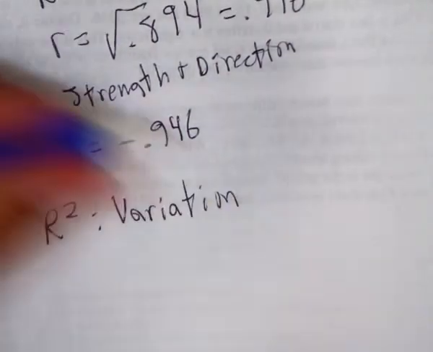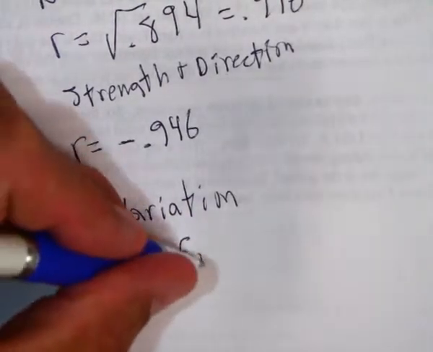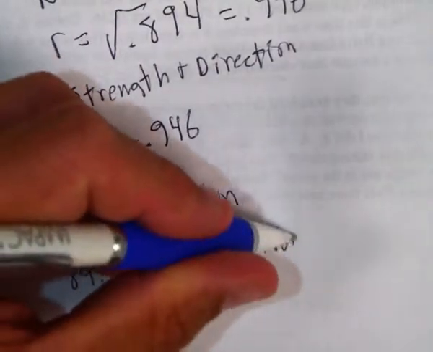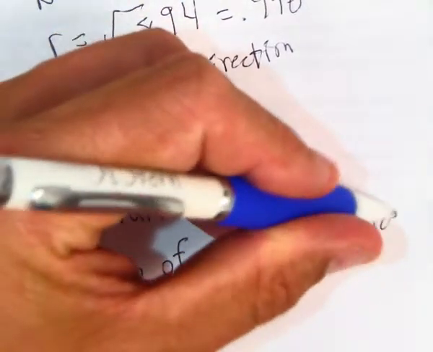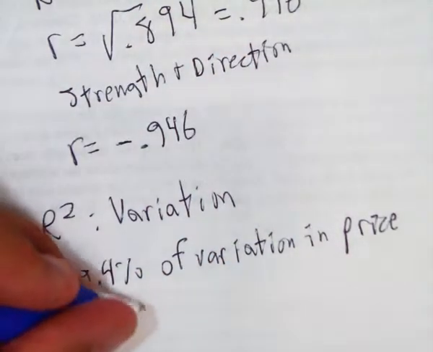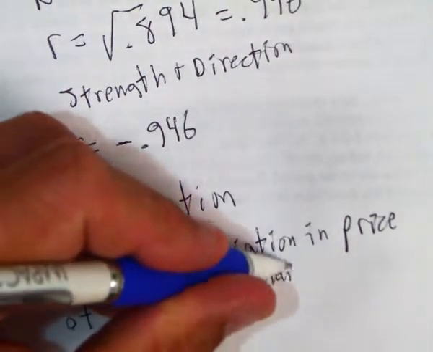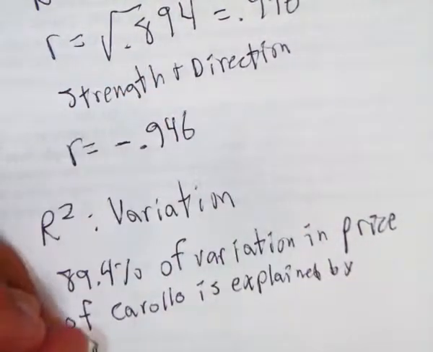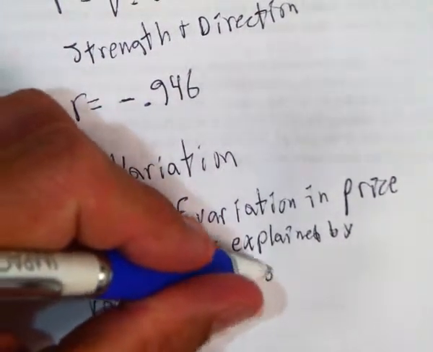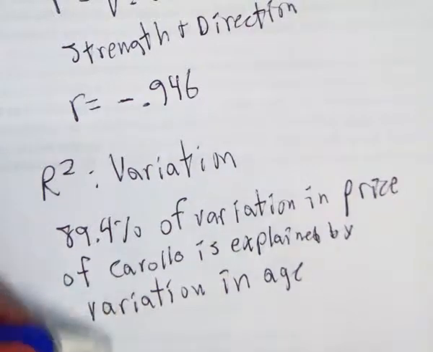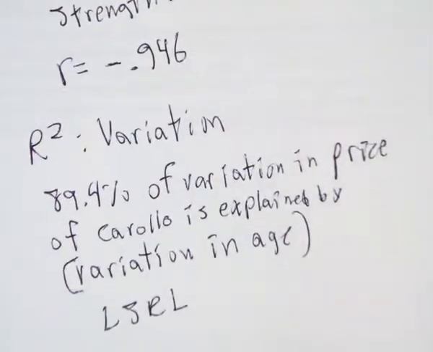So 89.4% of the variation in the response variable, the price of a Corolla, is explained by variation in age. Or instead of this, you could say by the least squares regression line. That would be okay also.